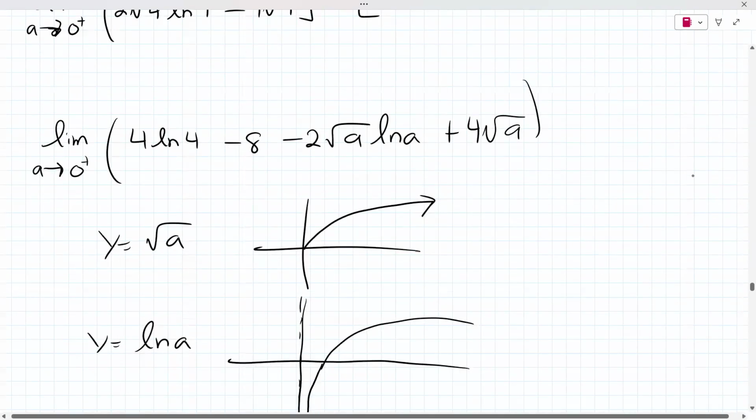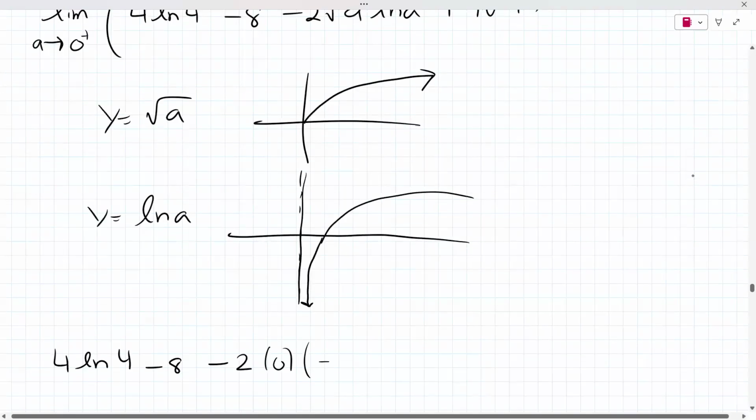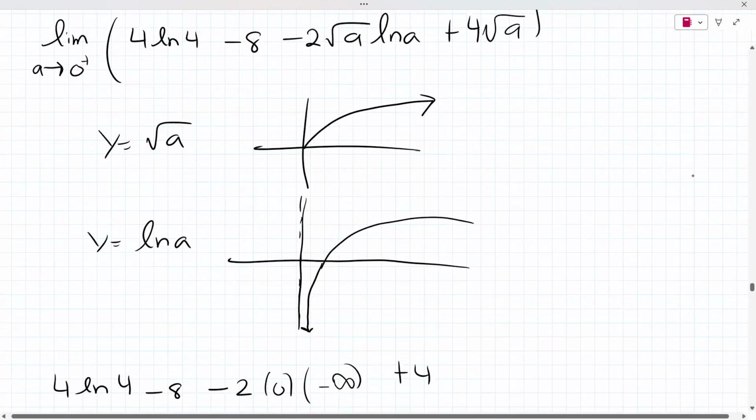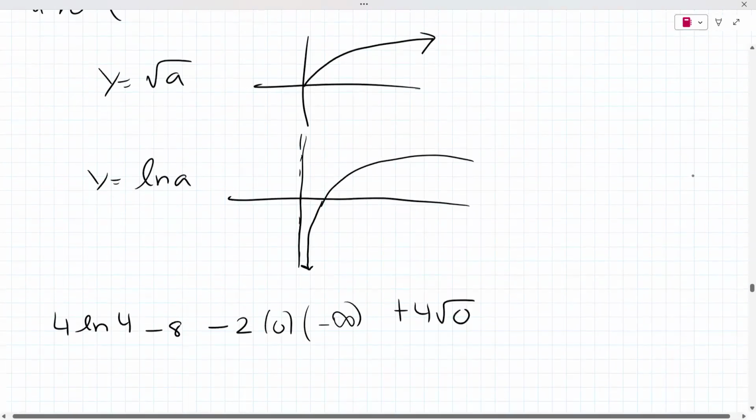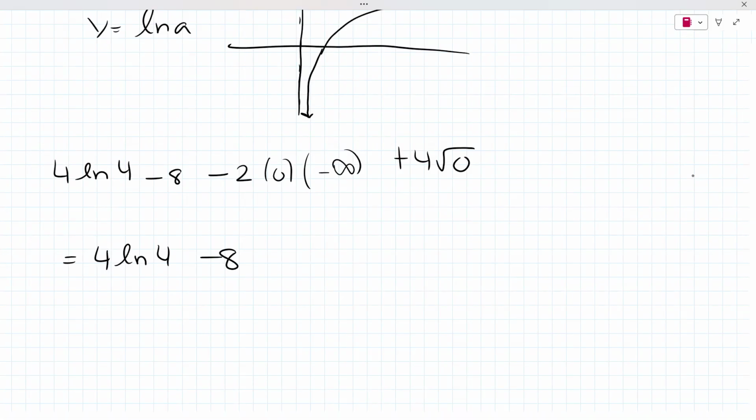So what is the limit as x approaches 0 to the right of this graph? It's negative infinity, plus 4 times square root of a, or square root of 0. And when you put it all together, you should get 4 ln of 4 minus 8.